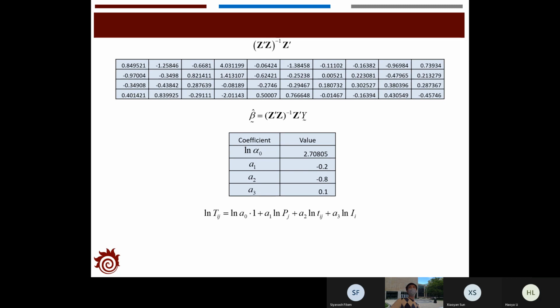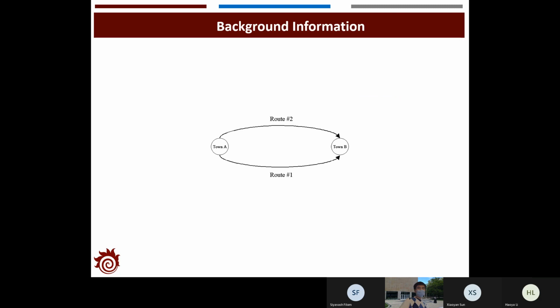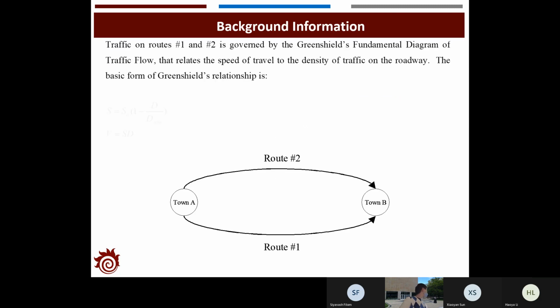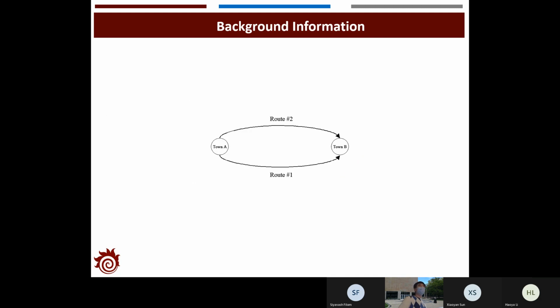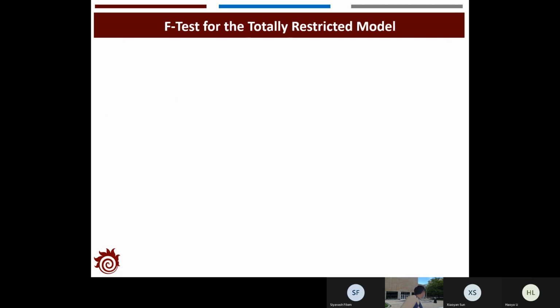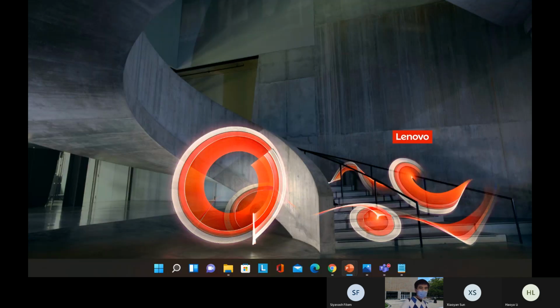Actually, Professor, on slide 21. Slide 20. This one? Next one? Yeah, the multivariate linear regression. I was referring to the C matrix.